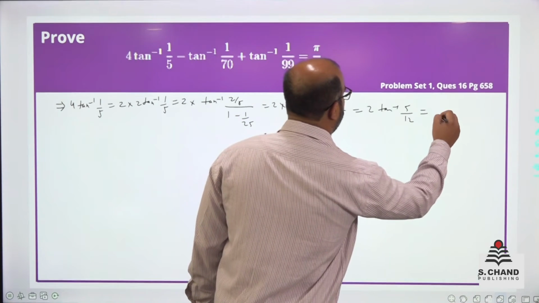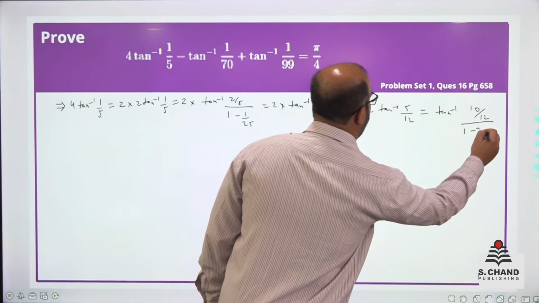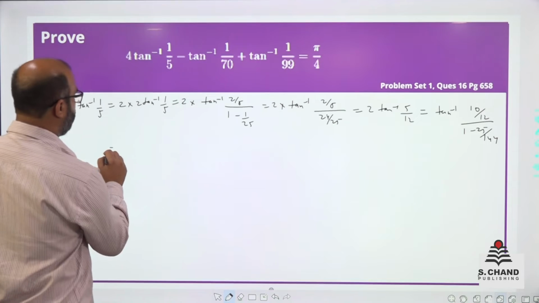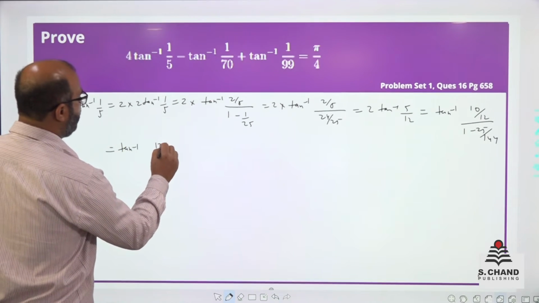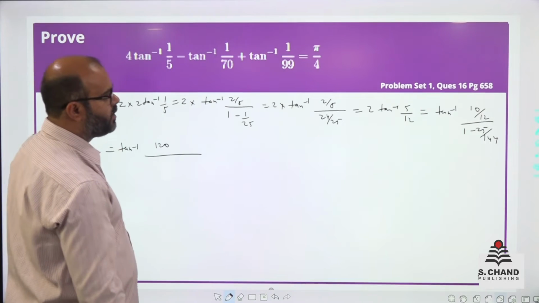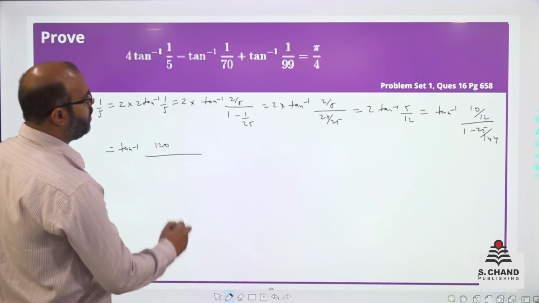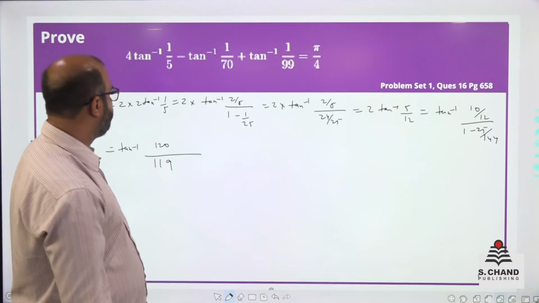Then again tan inverse 10 upon 12 by 1 minus 25 upon 144, which will become equal to tan inverse 120, 144 get cancelled, and 119. This is what we are getting.